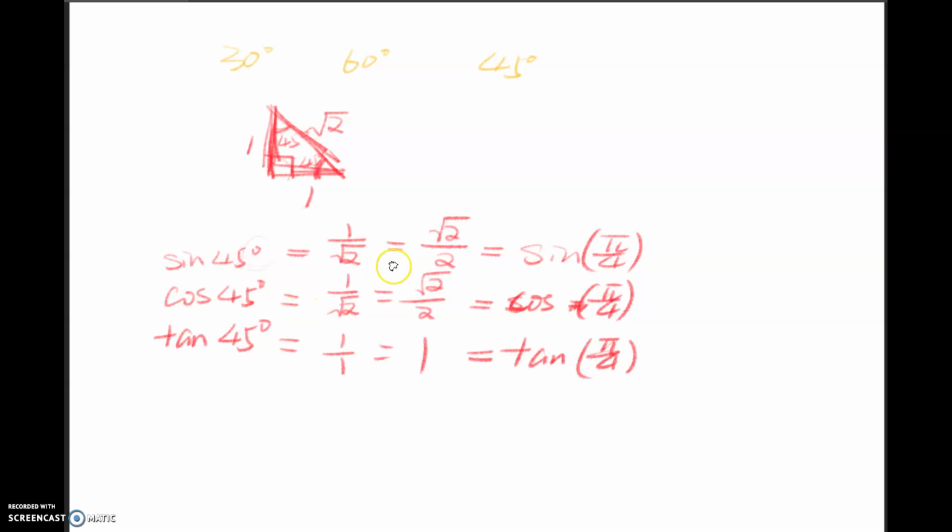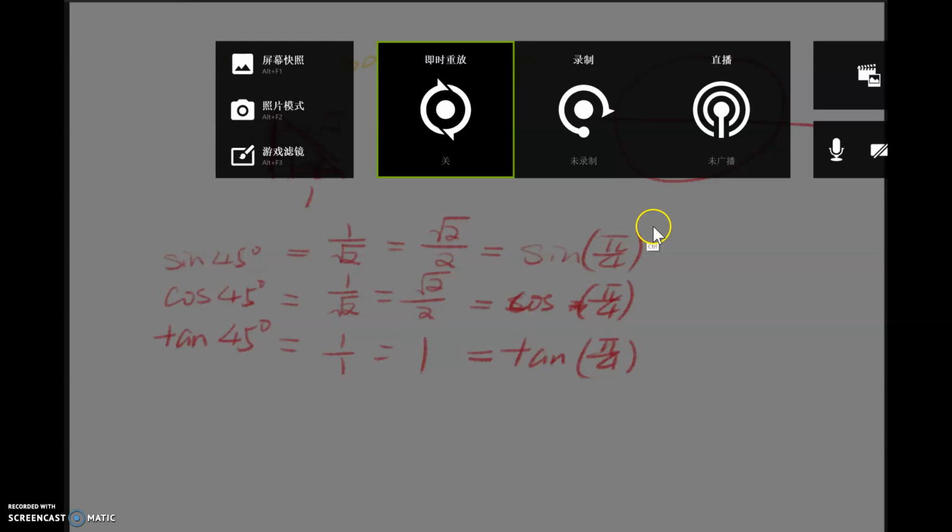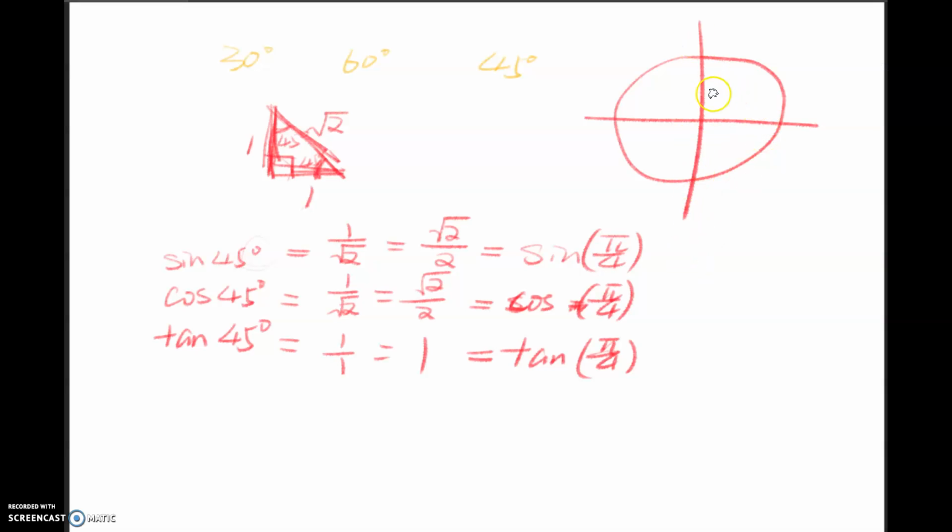However, again, in the unit circle, 45, that's not even vertical. Okay. So 45 degrees only exists in the first quadrant.